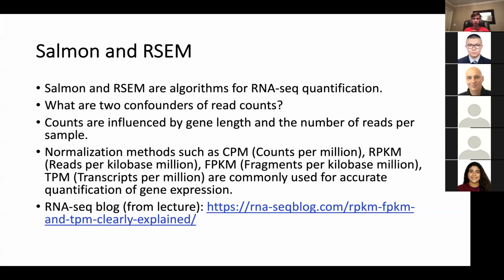Any questions about these 4 measurements that I can clarify here? I think the lecture video that she included is great, so I'd suggest watching that again if you're confused. Salmon and RSEM are both algorithms that are going to get you these 4 measurements.